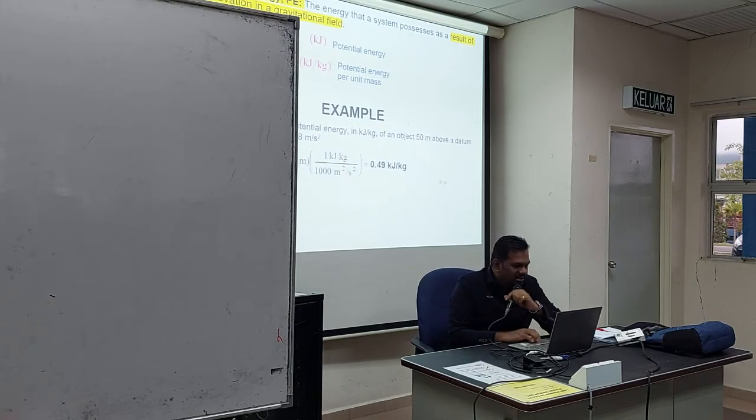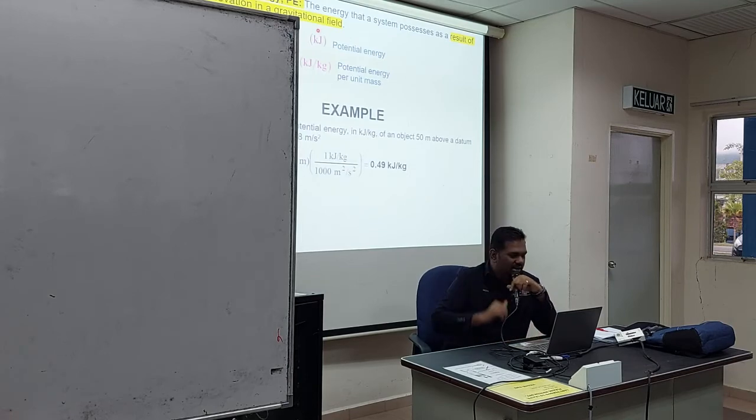So potential energy, the energy that the system possesses as a result of elevation in a gravitational field. Okay, dalam gravitational field, kalau ada ketinggian, kita ada potential energy. Okay, so the formula tadi, PE adalah mgz, and potential energy per unit mass adalah gz bagi dengan m.